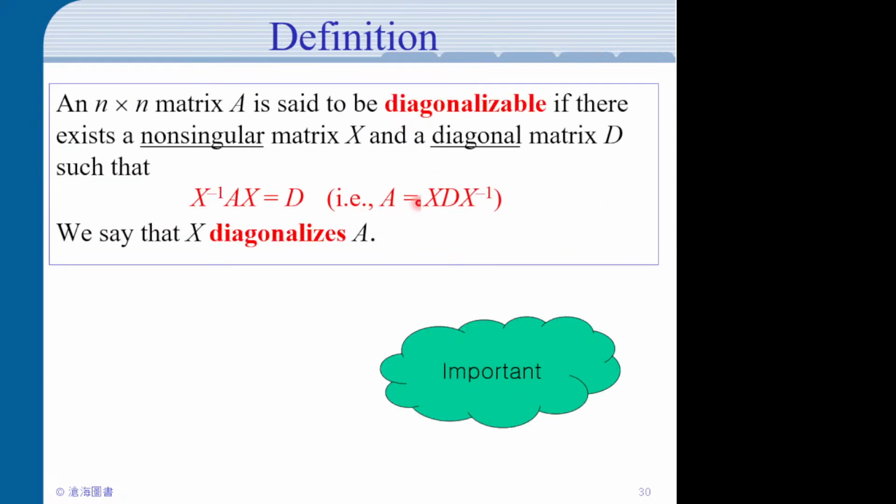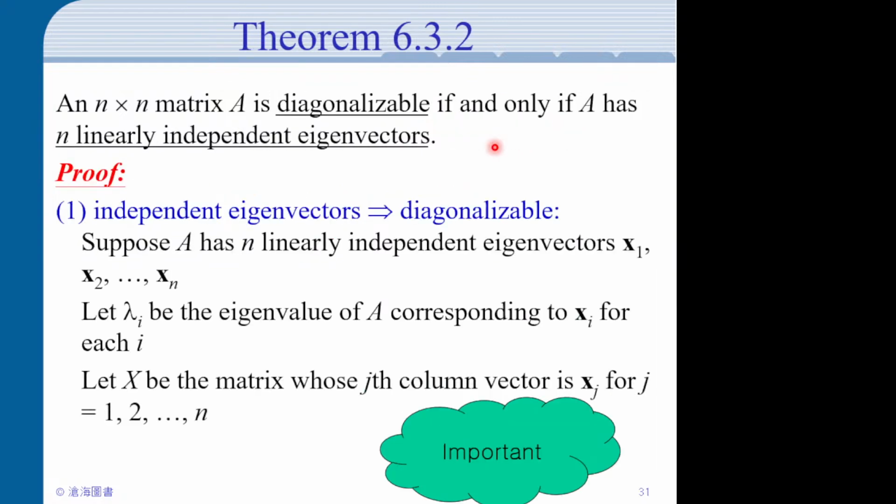Diagonalization means you want to do this, and diagonalizable means you can do this. So A is diagonalizable if you can find X such that A equals X D X inverse, where D is a diagonal matrix. And so we want to say A is diagonalizable if and only if its eigenvectors are linearly independent.